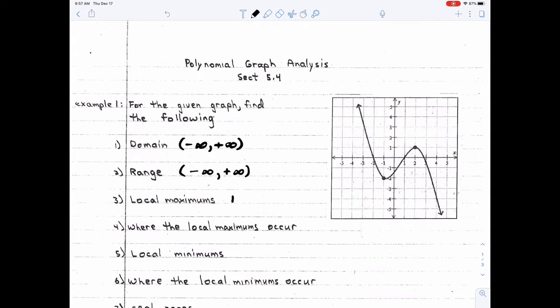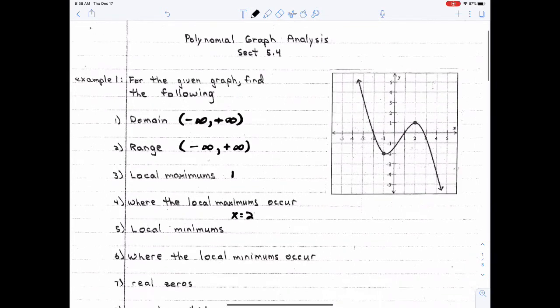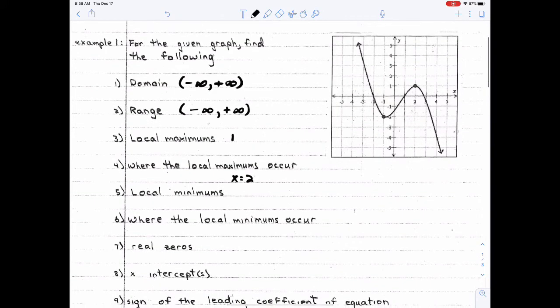Okay, where the local maximums occur, again, what is this? This is just like with parabolas when we did this for a vertex. It's what's the x-coordinate that corresponds to the local maximum. And in this case, the local maximum occurs at an x value of 2. All right, local minimums.